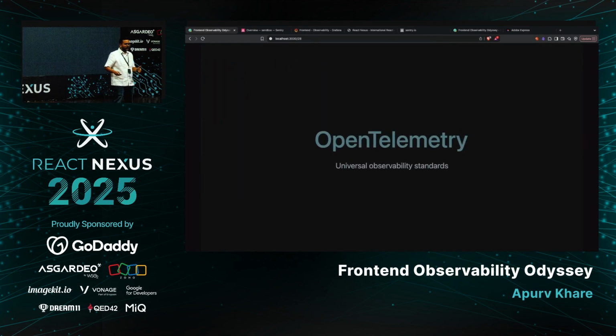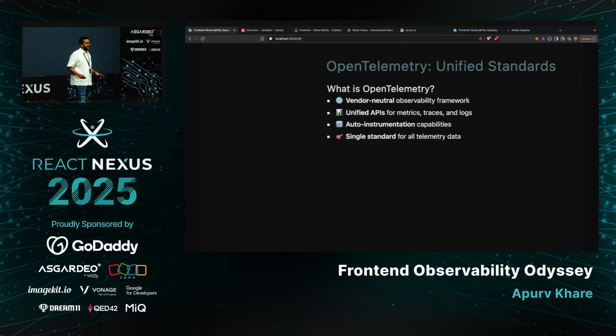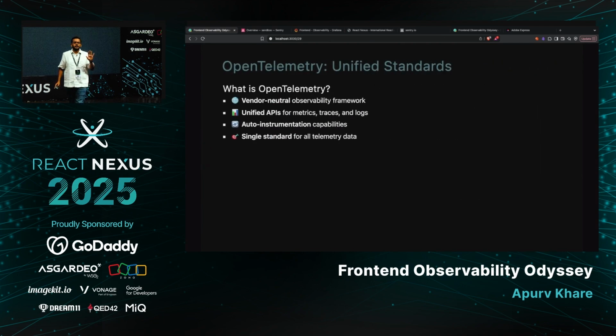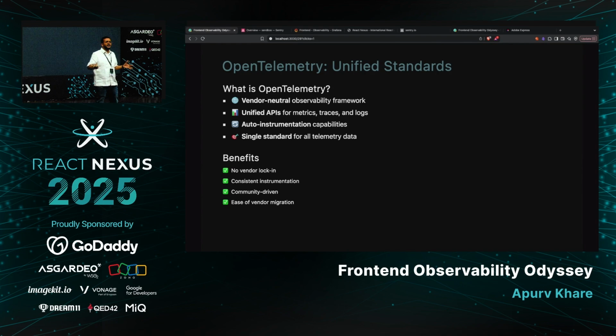Okay. Now let's talk about OpenTelemetry, which is the universal observability standard. So what is it? It's a vendor-neutral observability framework. It has a unified API for metrics, logs, and traces. It auto-instruments, so once you configure it, it will do all the instrumentation on its own, and there is no vendor lock-in.